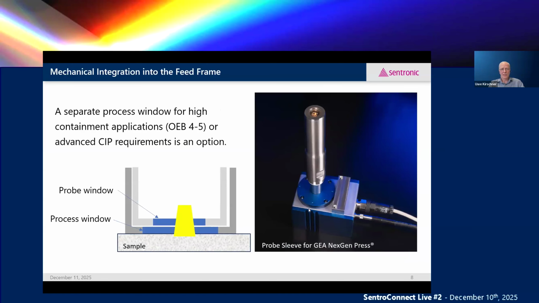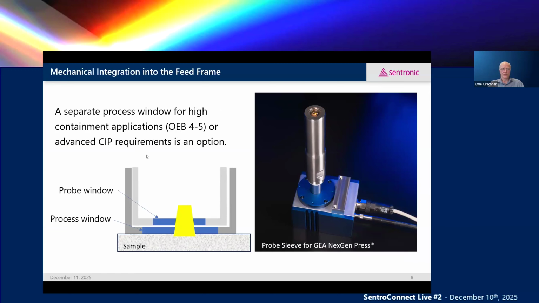And some newer developments are also being made with GA for the next-gen press, where we first time added an extra probe sleeve for high containment applications, where the probe should be able to be taken off the system without opening the containment of the process.